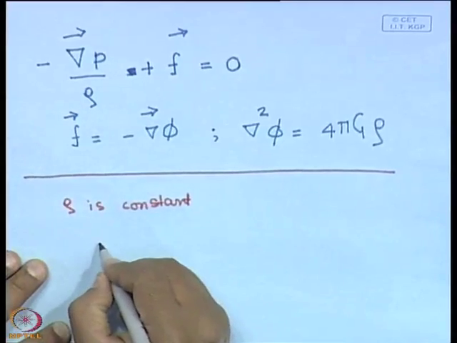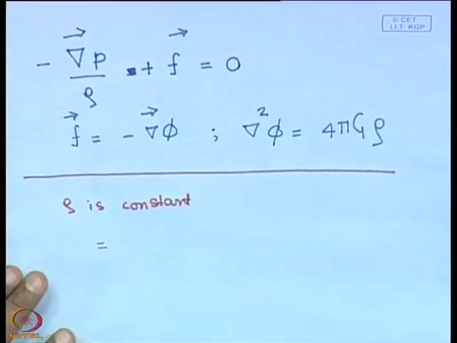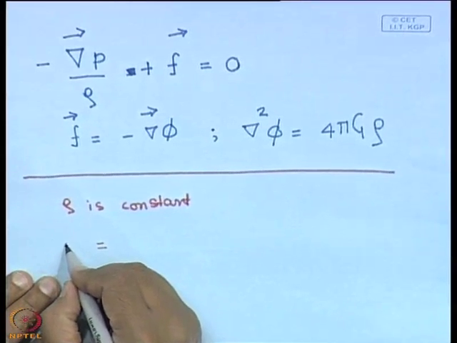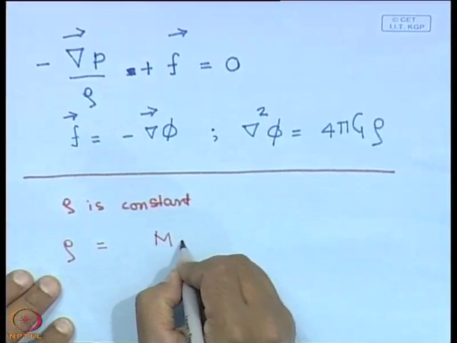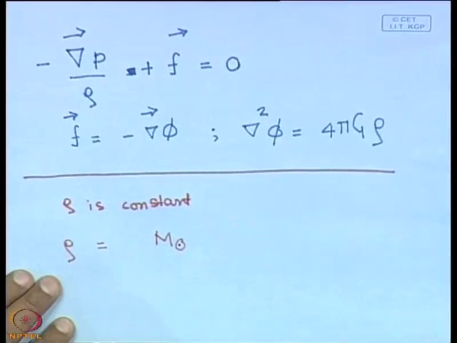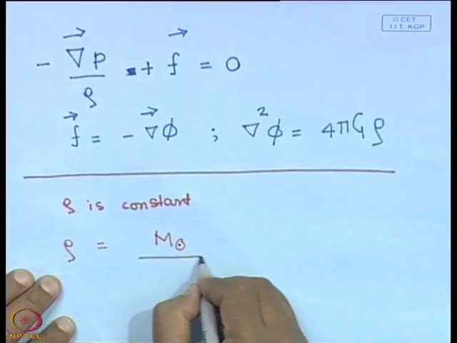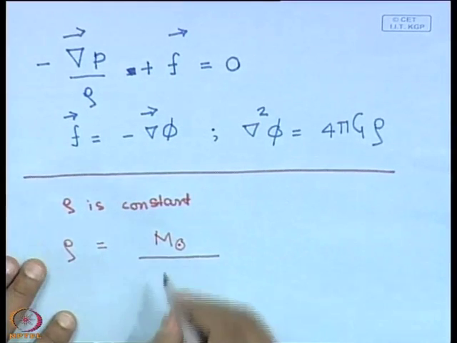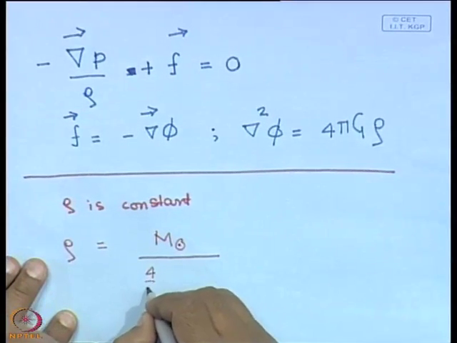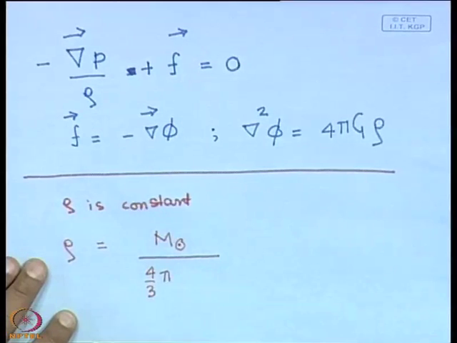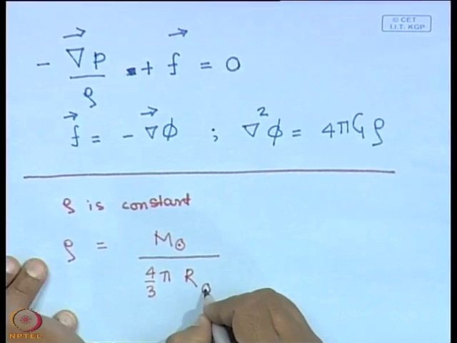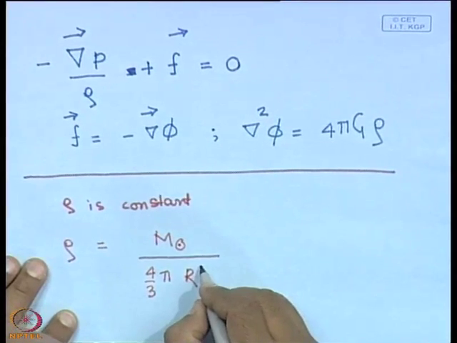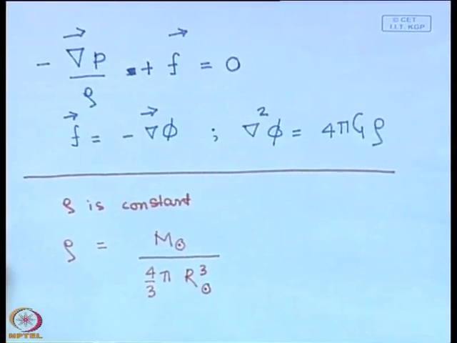So, this value of the mean density is the mass of the sun, which I have already told you the value, divided by the volume of the sun, which is 4/3 pi R cubed, and I have already given you these values.